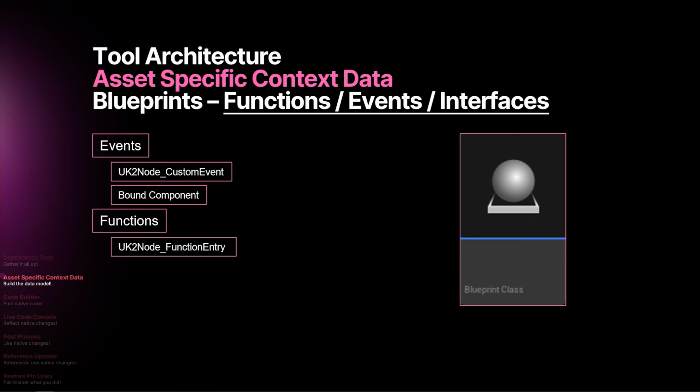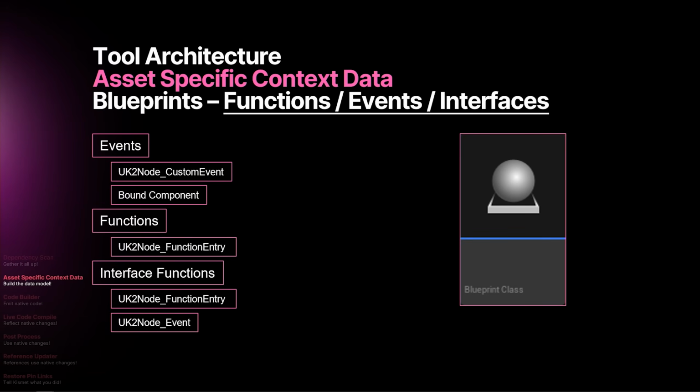For function signatures, check the function entry node. Now, for interface functions, if they have a return value, check the function entry node in the interface graph specifically. And for those that don't have a return value, they'll simply be on the event node itself. The parameter context data, just treat that as variables.